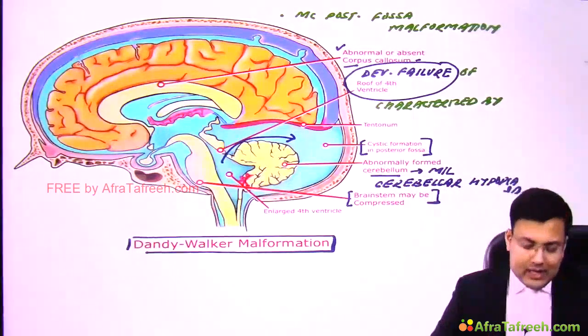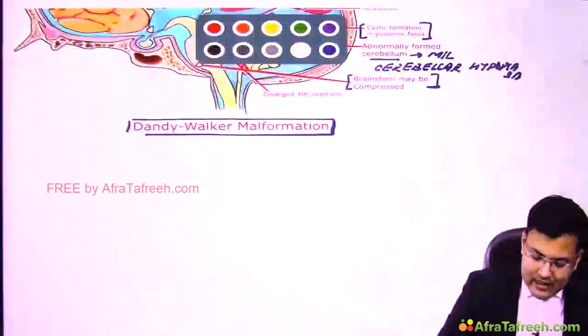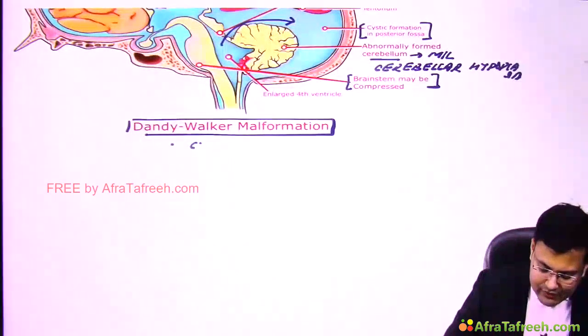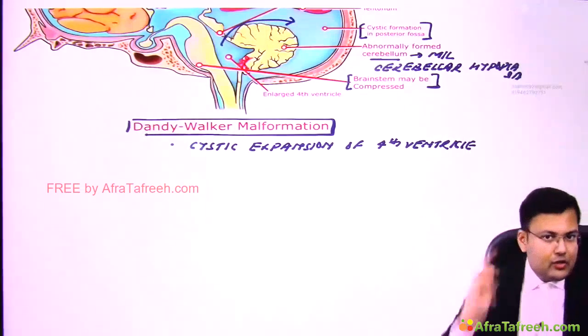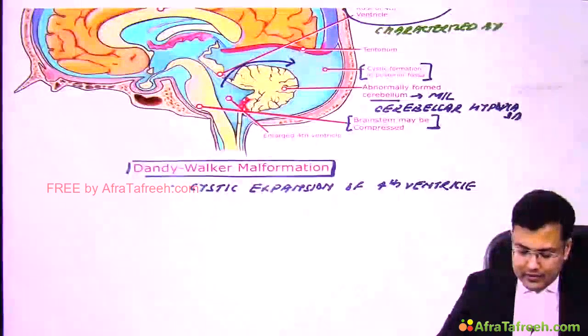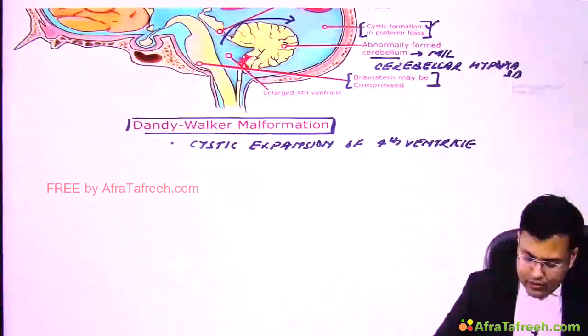And because of that, what happens? Because of that, there is cystic expansion of fourth ventricle, and here you can see where is that expansion. So it's into posterior fossa. Can you see here? So into posterior fossa.